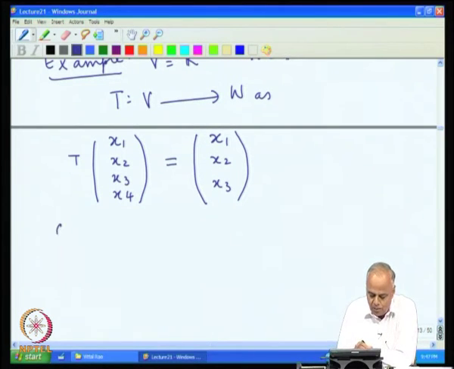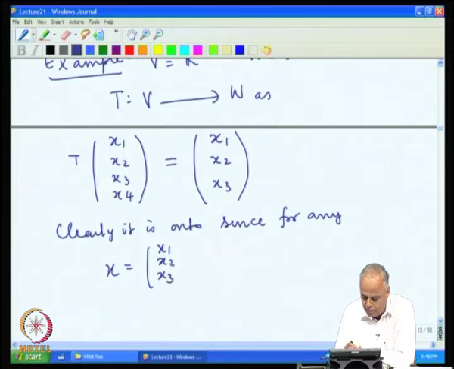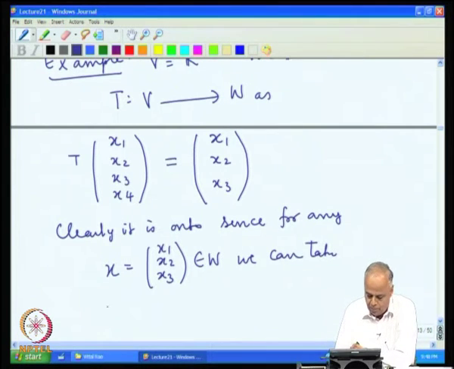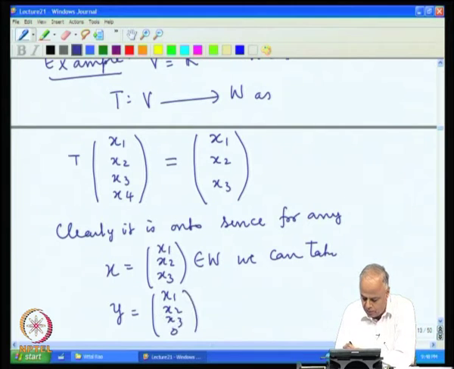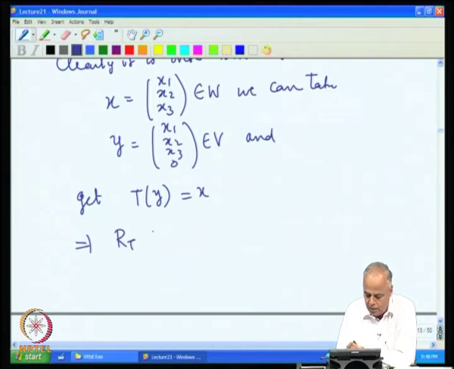Then clearly it is onto, since for any x equal to (x1, x2, x3) belonging to W, we can take y to be (x1, x2, x3, 0) in V and get T y equal to x, and therefore, the range of T is W, which simply says T is onto.